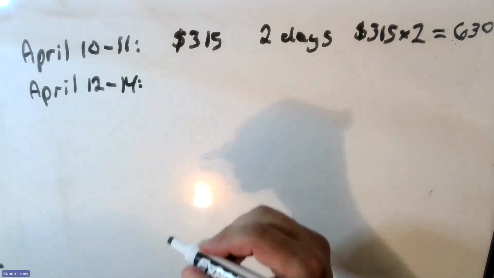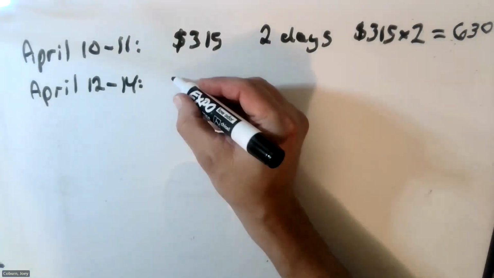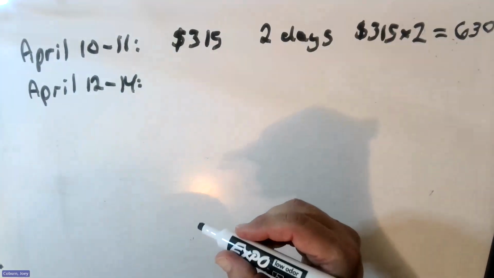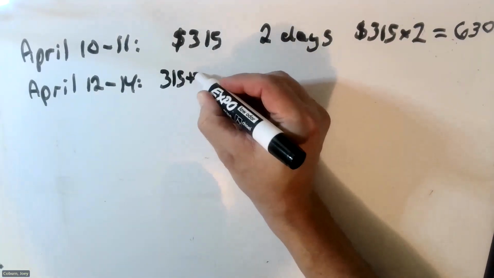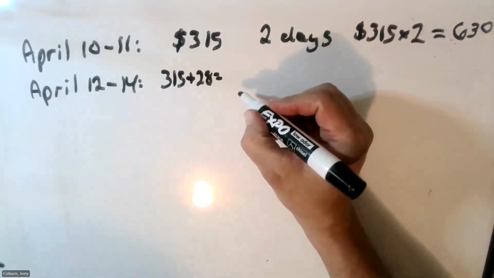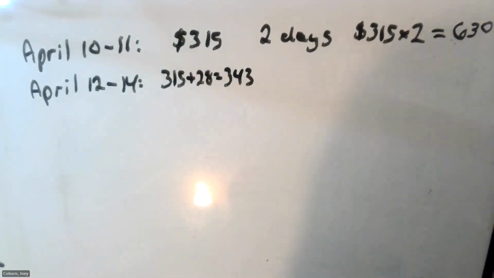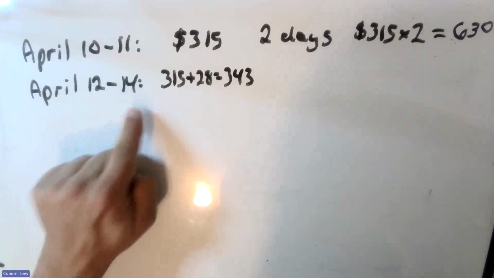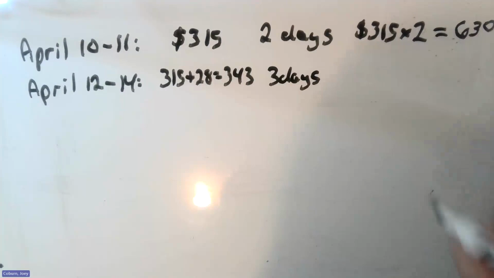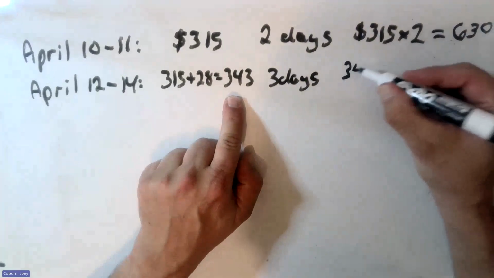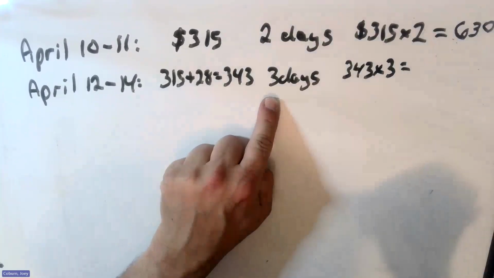And so what happens is it looks like we make a purchase of $28. So we're going to add $28 to this balance, and we'll get 343. Now this is going to be for the 12th, 13th, and 14th, or 3 days. So now we take our 343, leaving off the symbols just because I'm running out of space.